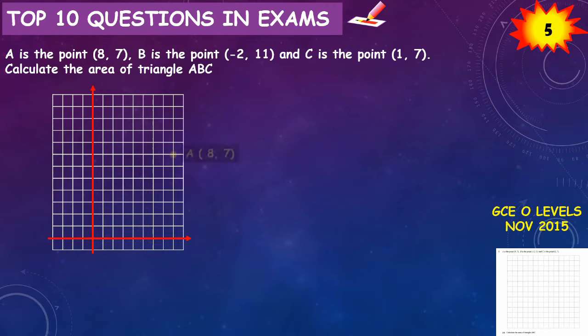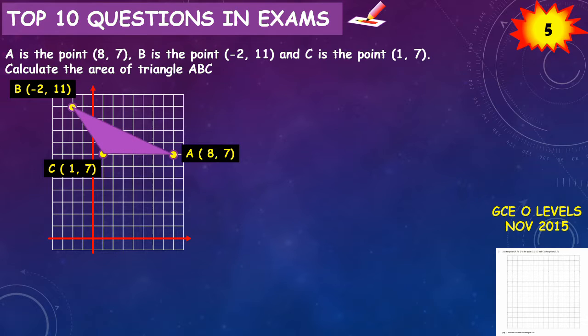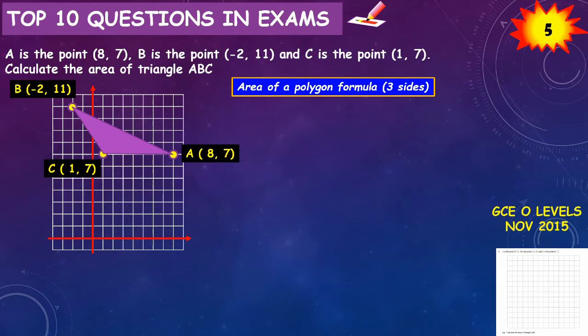We first sketch the points on a graph to visualize the triangle. To find the area of the triangle, we use the area of a polygon formula with 3 sides. The x and y of each point are arranged vertically as seen here. The values of x and y are multiplied diagonally.